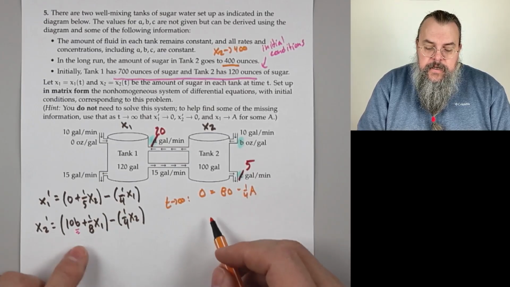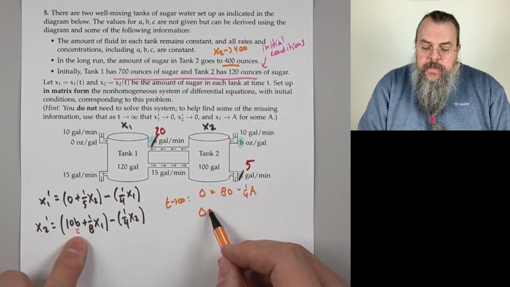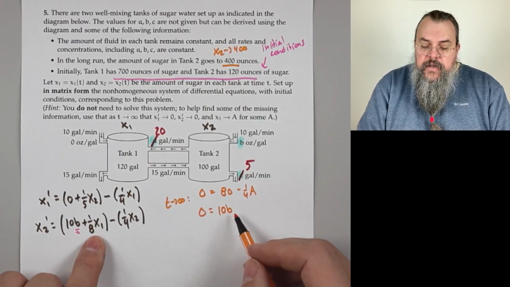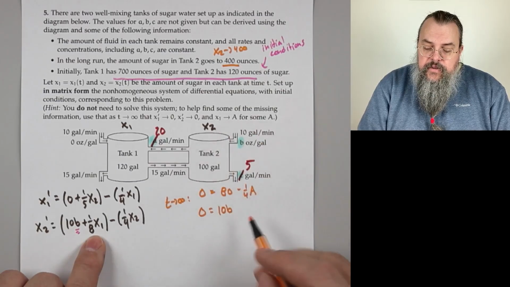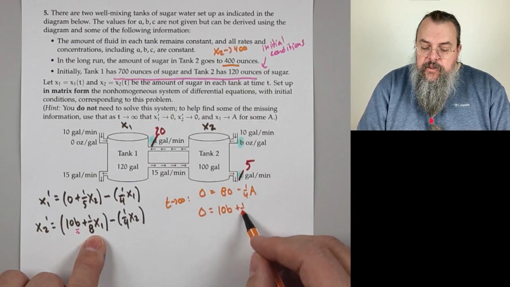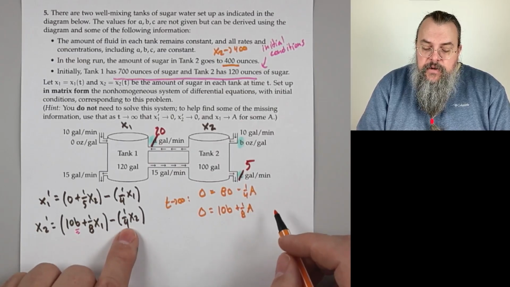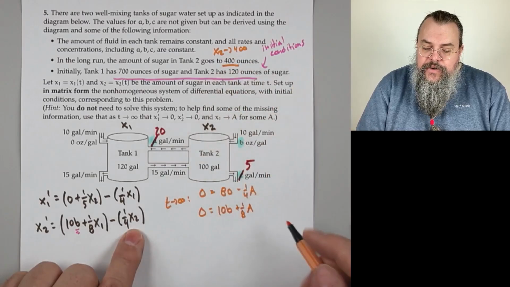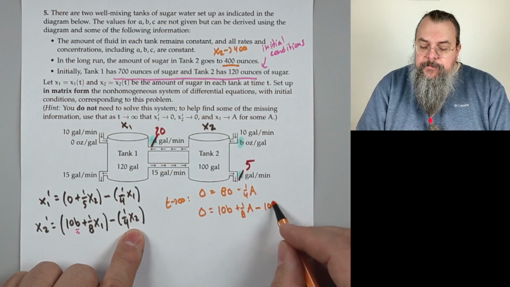Then we have 0, again in the long run, equals 10b. We don't know what that is, but it's a number. 1/8 x1: again, x1 goes to something, so 1/8 a. And then minus 1/4 x2. Again, x2 is going to 400, so that goes to minus 100.